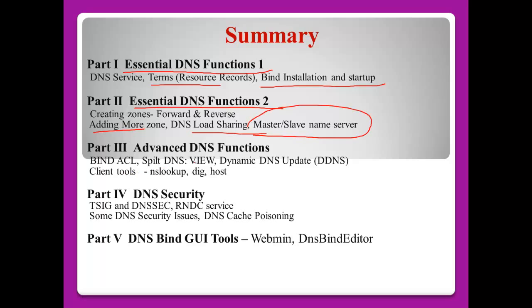In part 3, advanced DNS functions such as BIND ACL, split DNS like a view, and dynamic DNS server, we call it DDNS, and the client tools like nslookup, dig, and host. In part 4, DNS security, TSIG, RNDC service, some DNS security issues, and also DNS cache poisoning. In the last part, I explained Webmin and the DNS BIND editor.